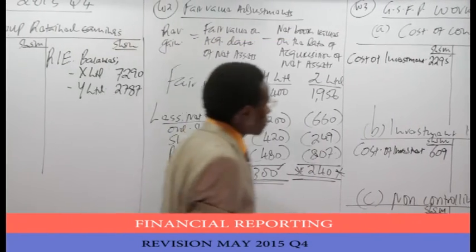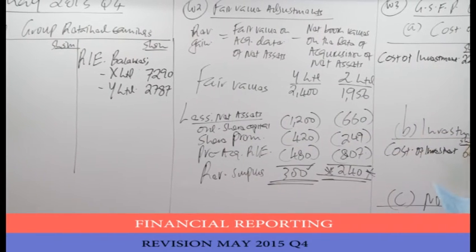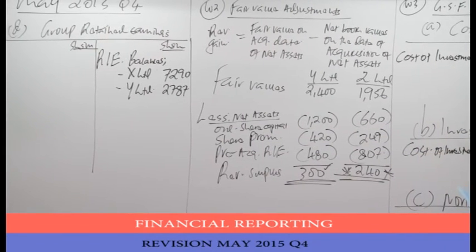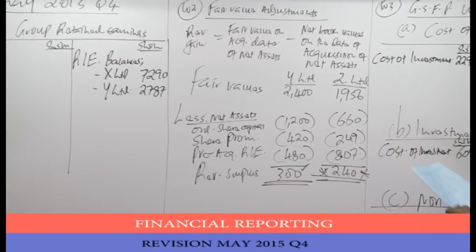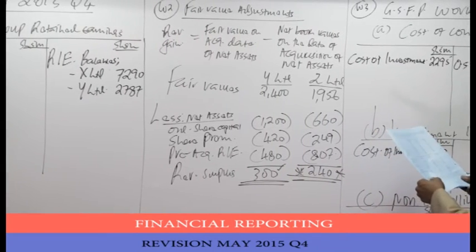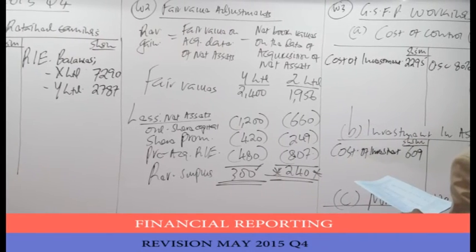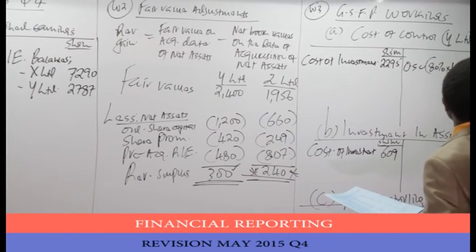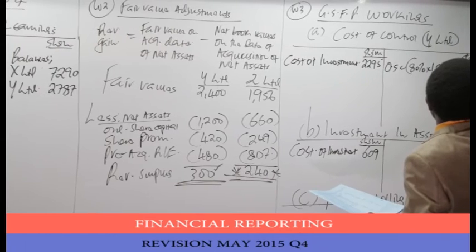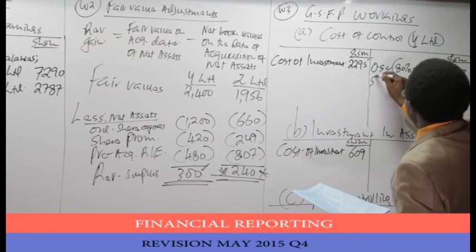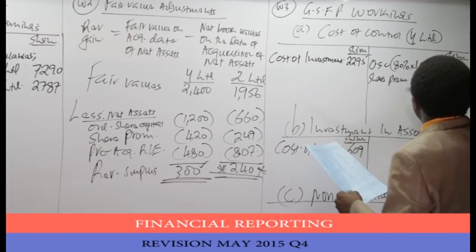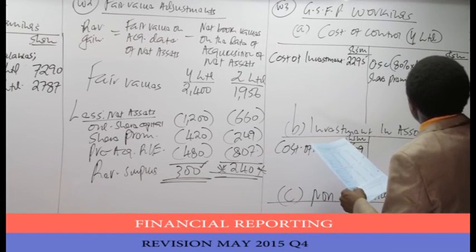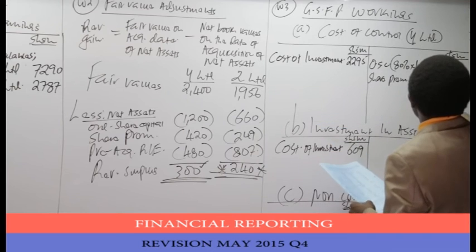Come back to that. Now, we have acquired 80% of the net assets. 80% of the ownership capital, 1,200, we were given that. Share premium, 80% of 420.